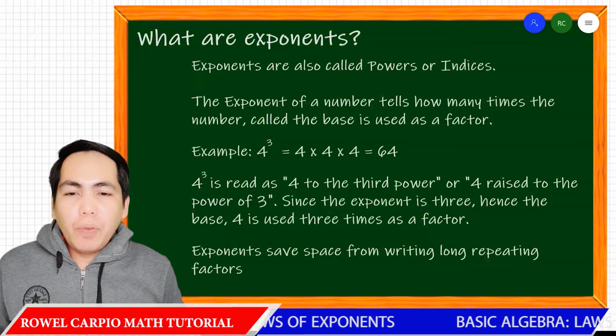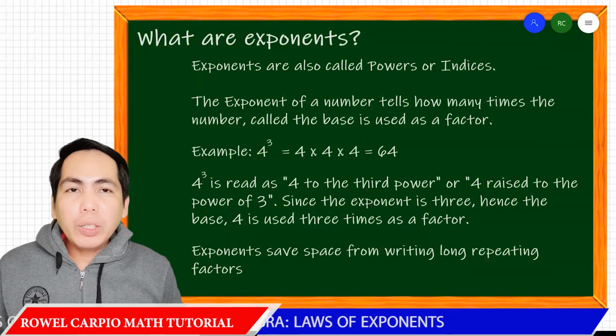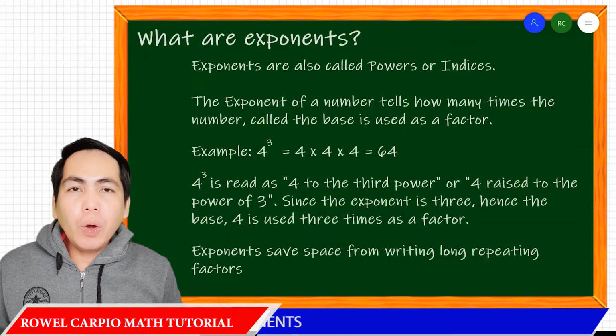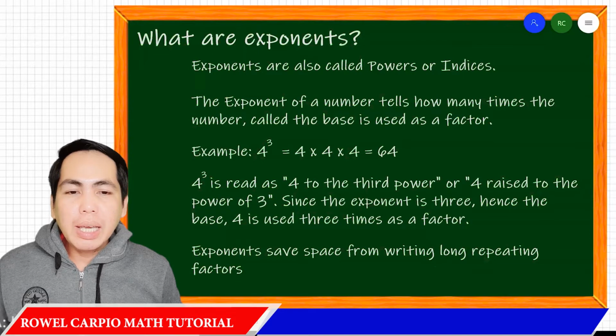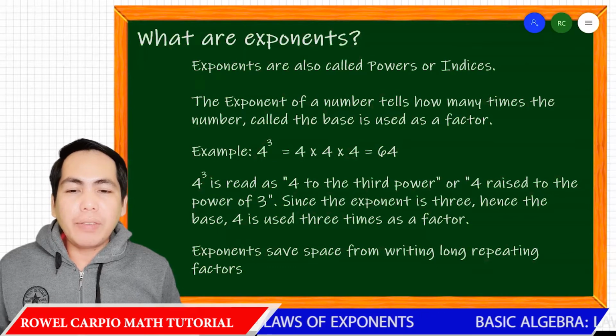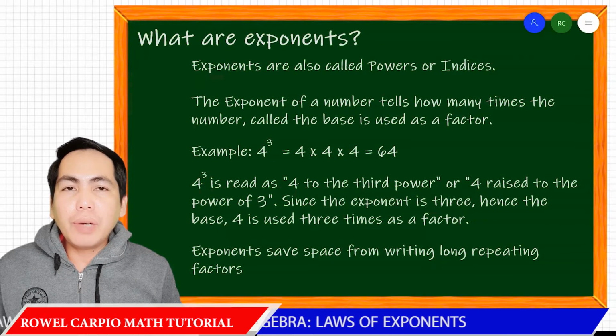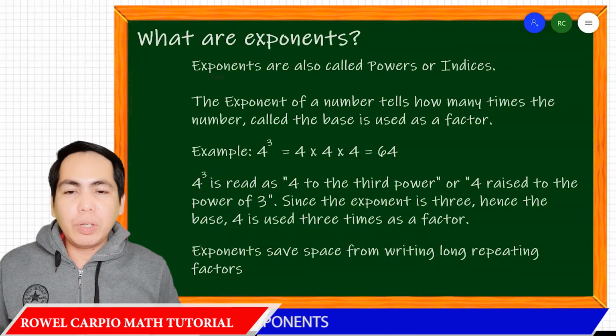The base 4 with an exponent of 3 is read as 4 to the third power or 4 raised to the power of 3. Since the exponent is 3, the base 4 is used 3 times as a factor. Exponents save space from writing long repeating factors.